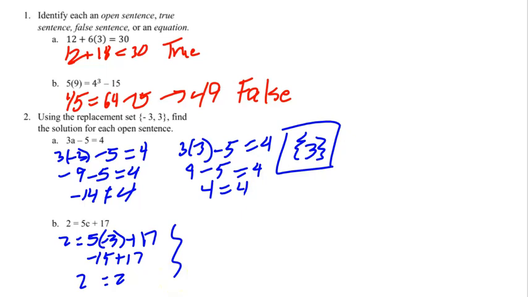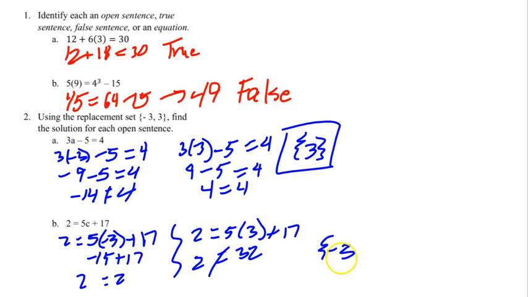Now on the other side, if we did a +3, 5 times 3 is 15, and if you add 17 to it, that's going to give us 32. 32 does not equal 2, so the only solution here would be -3.